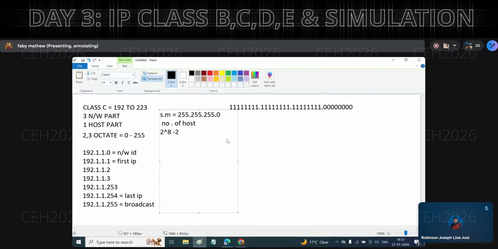Now, 2 to the power 8 is 256. Calculate it in your calculator wherever you want. If you subtract 2, then the value is 254. That means this is the total number of IP addresses which we can create in a class C network.